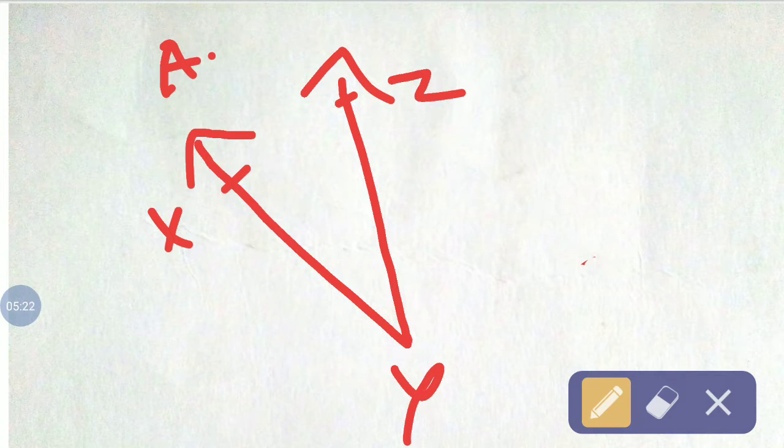It is in the interior part as the line can extend. If the line is extended, then it will be in the interior. So it is the interior of the angle XYZ.